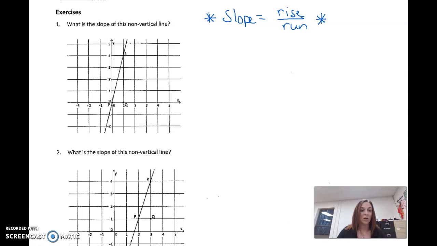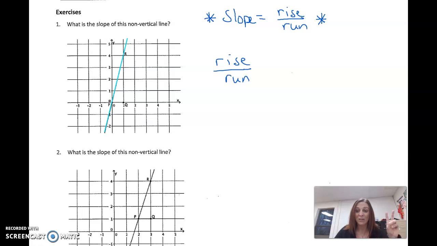And again, we always go from left to right. When we're reading this graph, we want to know what is its rise compared to its run. And honestly, this is what we were doing in the first video. We were finding those ratios, how much something went up and how much something went to the right.